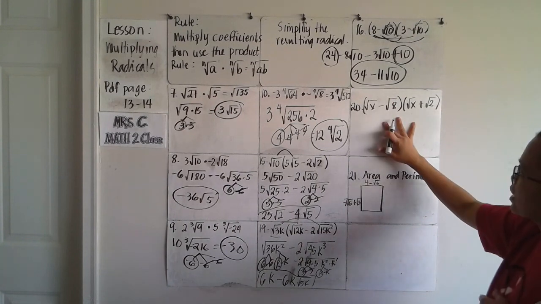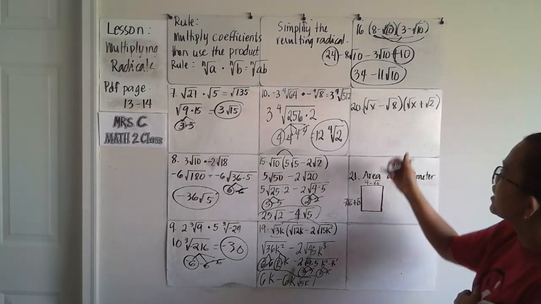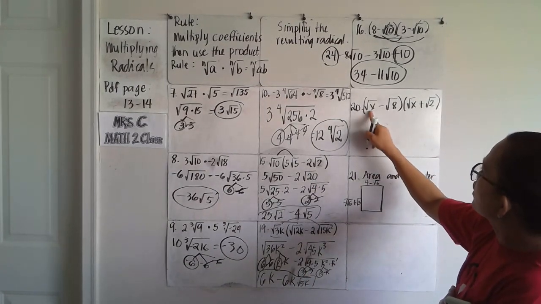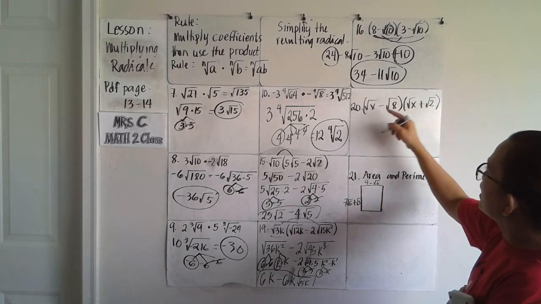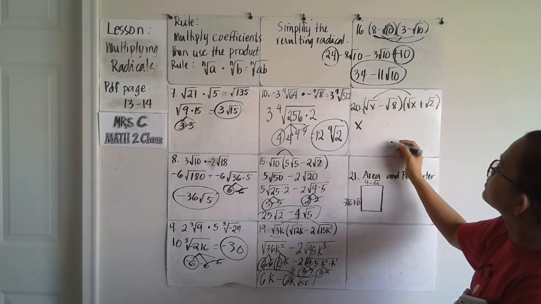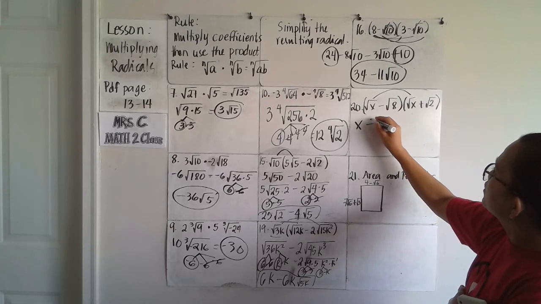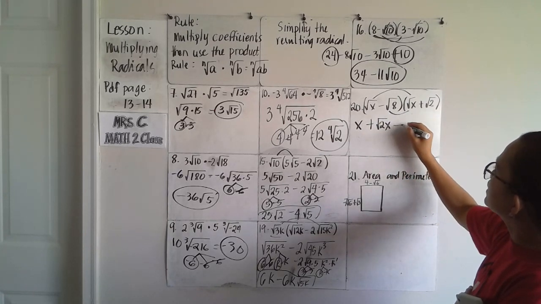Next, here we can do FOIL also because we're running out of space. So we will have square root of x times square root of x. Remember the magic. It just cancels out and then take one radicand and that will be x. That's for that. Square root of x times square root of 2 would be plus square root of 2x. Then negative square root of 8x.